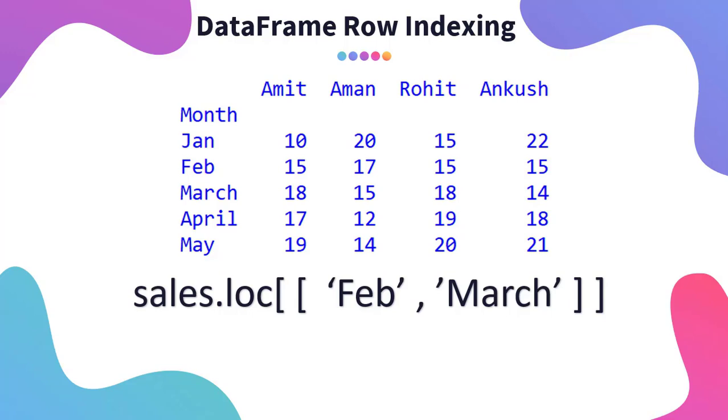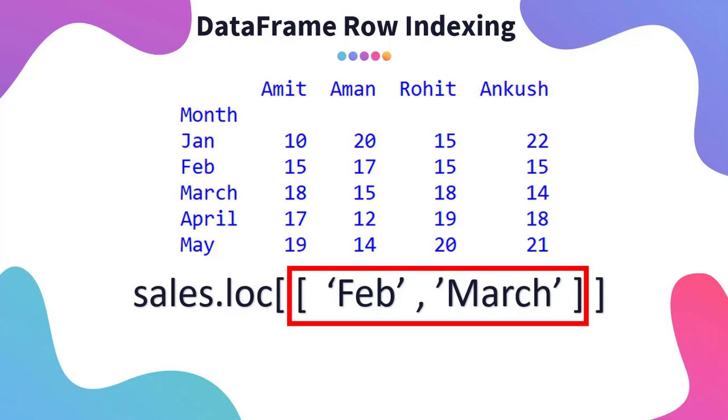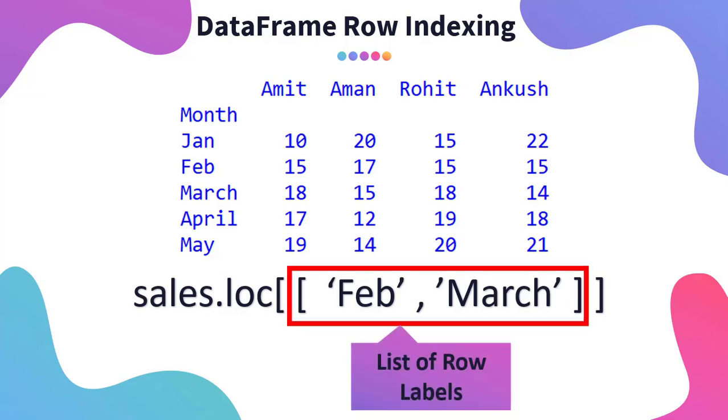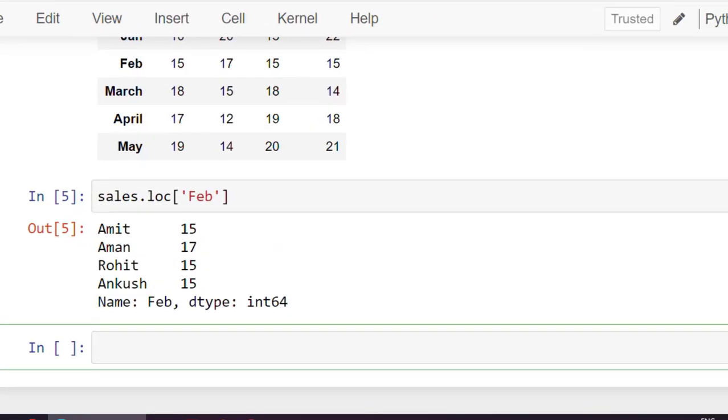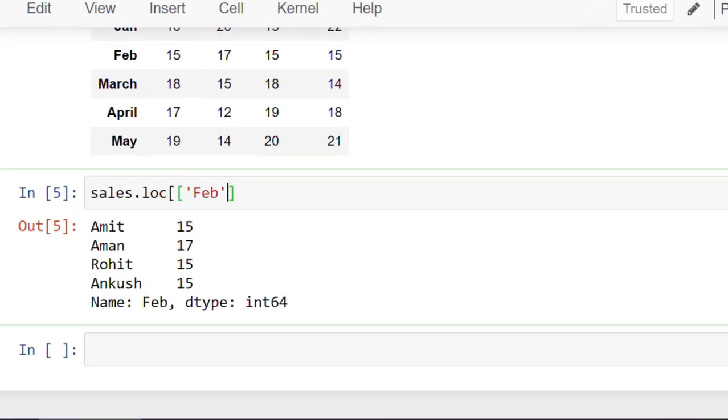If I want more than one month, what I can do is pass a list of row labels. So this is a list of row labels, and this part will be extracted because of this. So I write Feb, March, and this is a list.